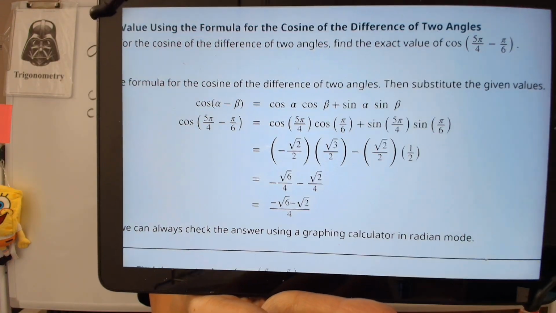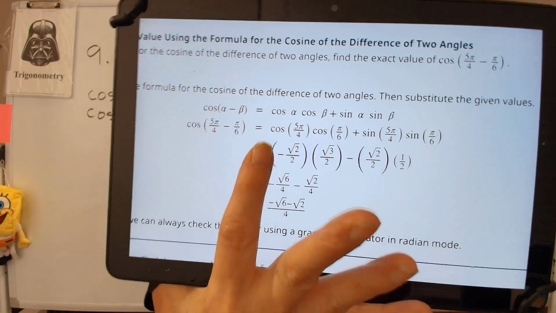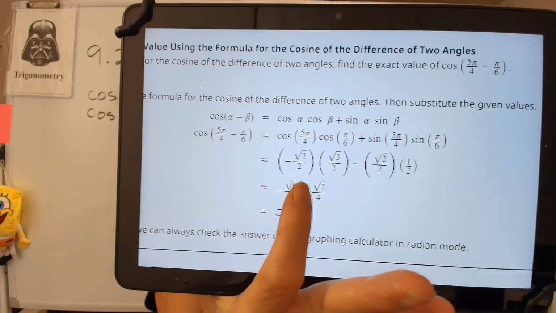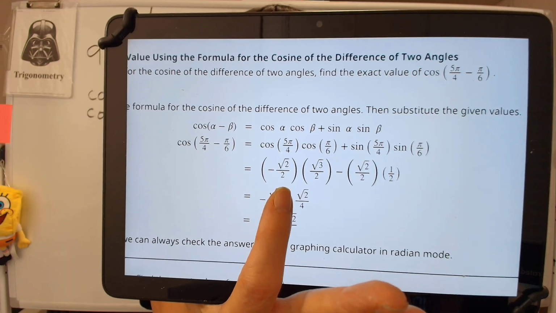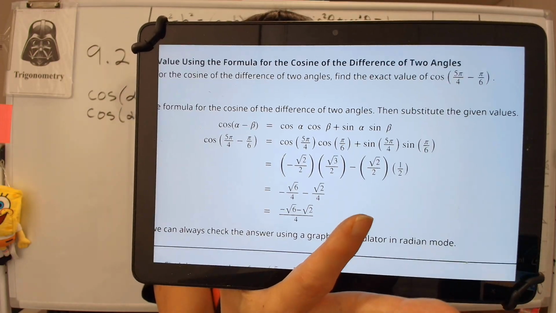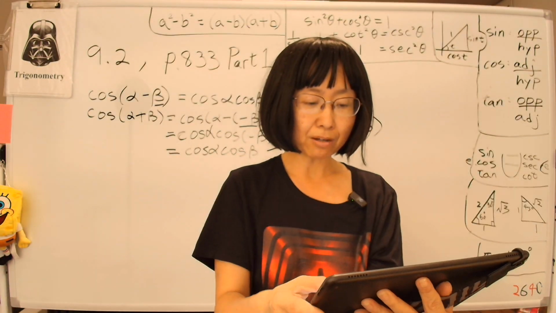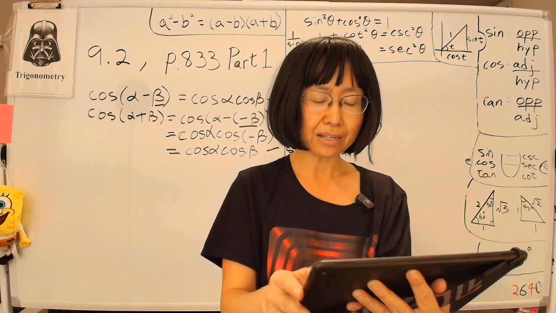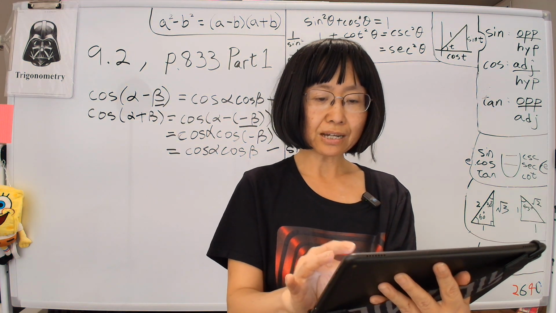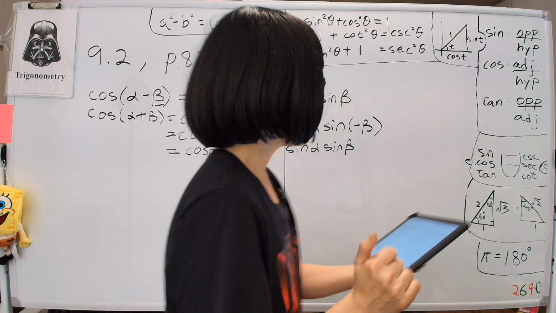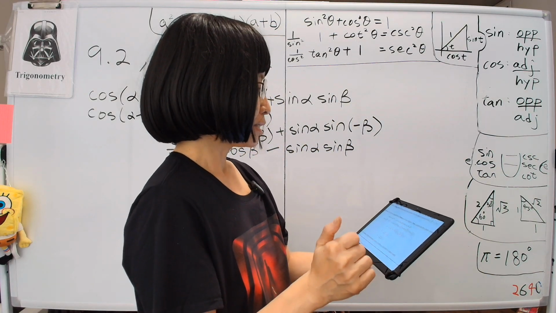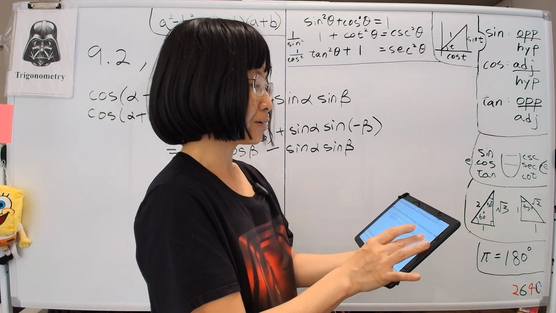So what you do is plug all the values in. That is, you know what cosine of 5 pi over 4 is. That has to do with square root of 2 over 2, and so on. Then you just plug everything in, and out comes the answer. The cosine of 5 pi over 4 is, let's see, that's more than pi, so you have to be careful.